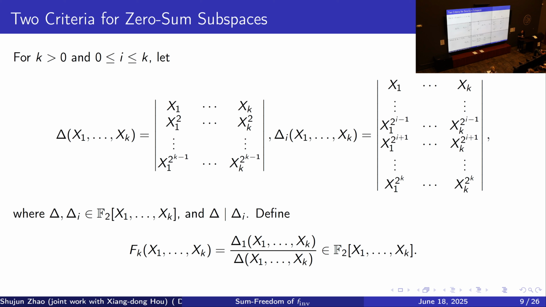We can verify that delta always divides delta i for i from 1 to k. So we can define the polynomial using delta 1 divided by delta. It will be a polynomial over F2 in k variables.